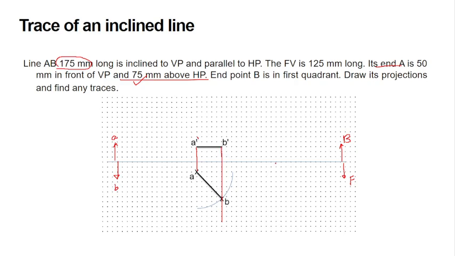Let us join it. We have to then find out the traces. So this is front view. We remember our procedure. Top view gives VT, and front view gives HT. What is the procedure? Here we get only front view. Here extension is not going to intersect XY line.